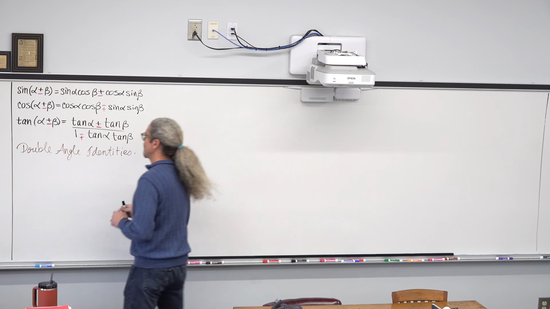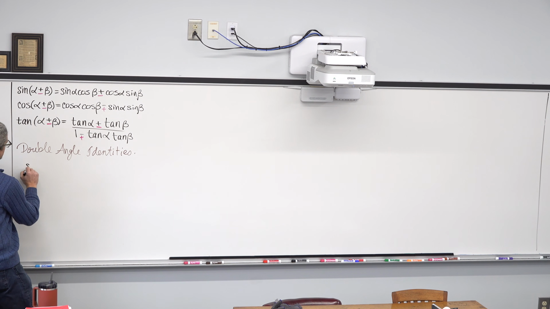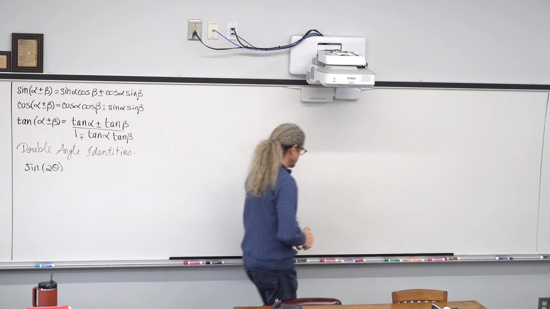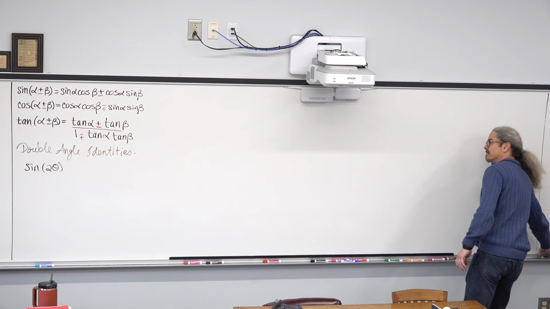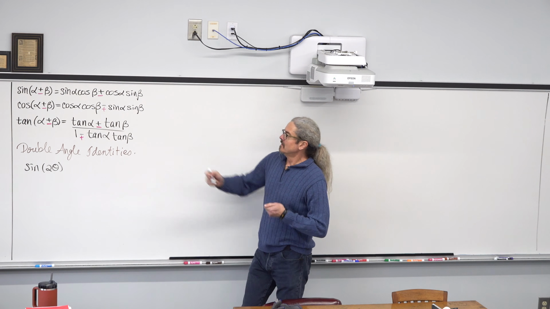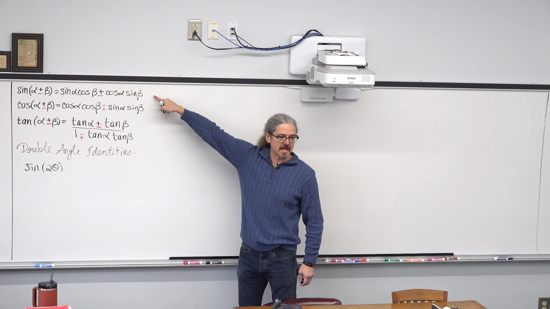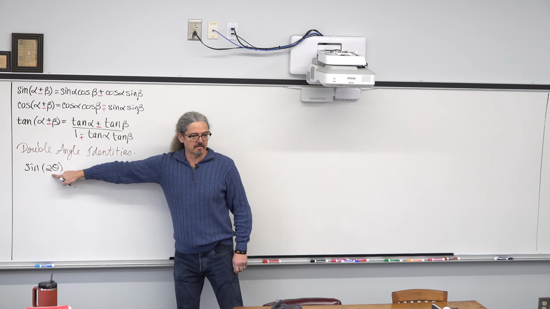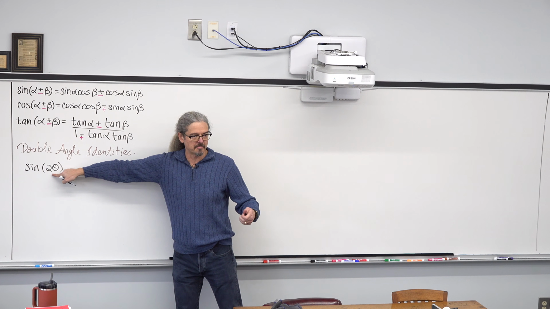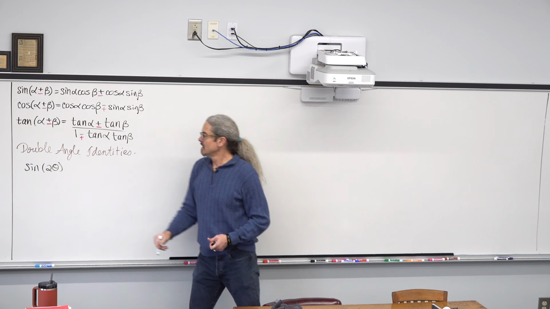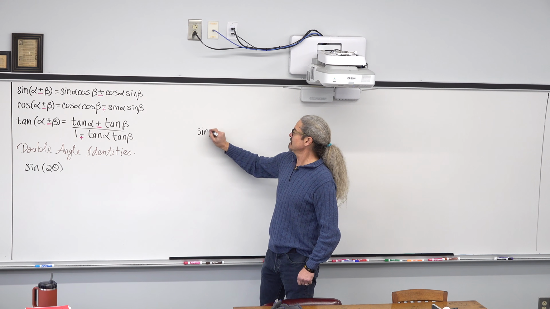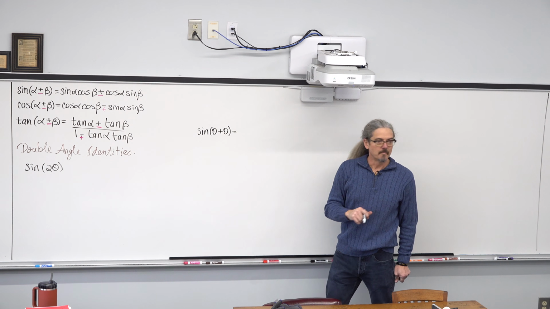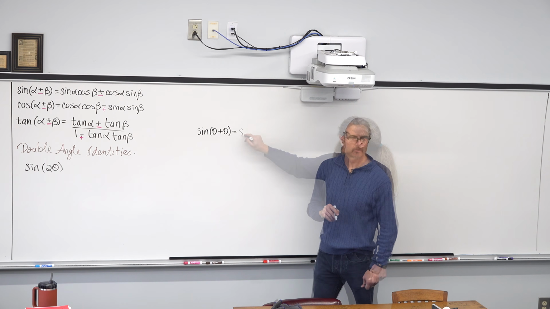So we're going to come up with the sine of 2 theta. Okay, what is that identity going to be? Well, you know how to figure out the sine of 2 angles added together. And is it not true that 2 theta can be written as theta plus theta? Of course. So we have the sine of theta plus theta. And what is the sine of 2 angles added together?